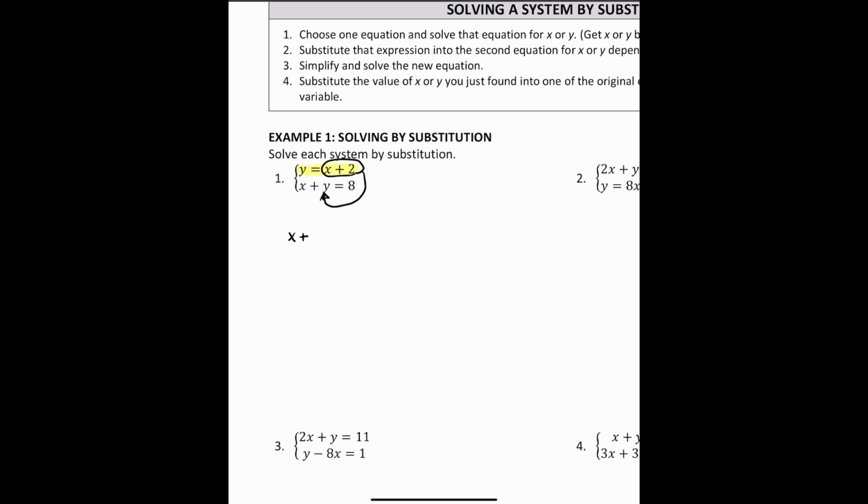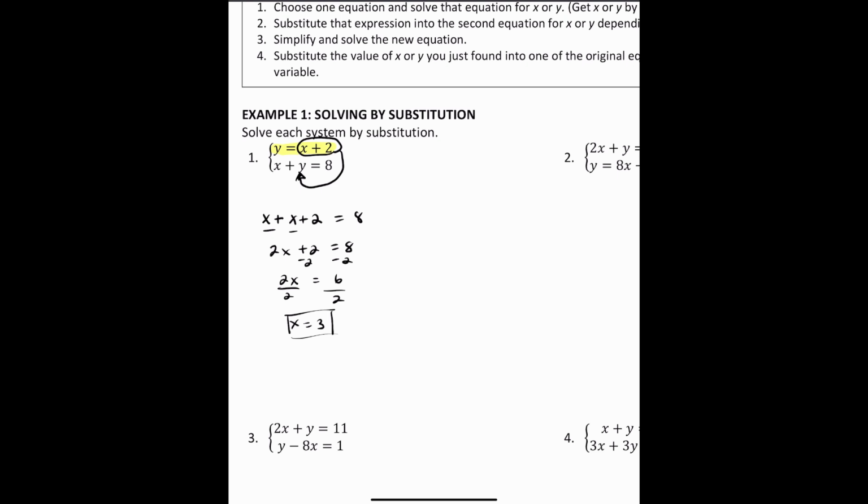But now I'm going to replace that y with x plus 2, and then equals 8. And this is where I'm going to combine the like terms. I have x plus x. That's 2x plus 2 equals 8. And I subtract both sides by 2 here. So I have 2x equals 6. Then we divide. So x is equal to 3.